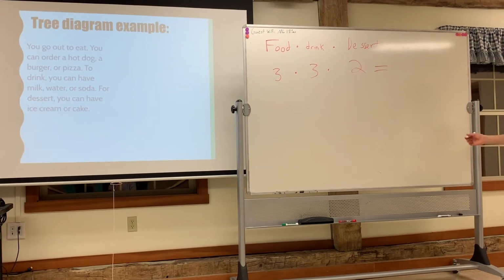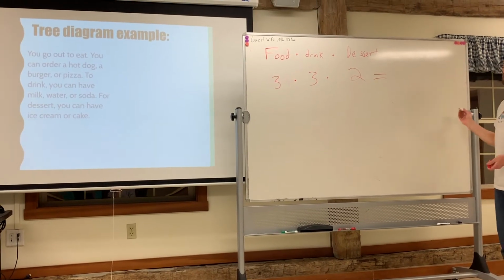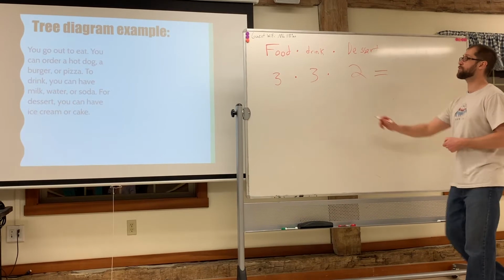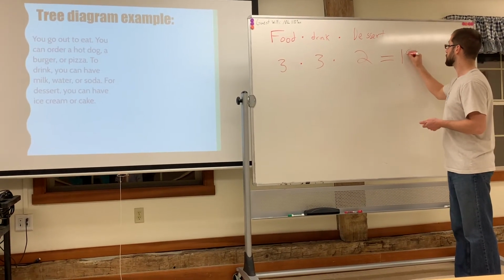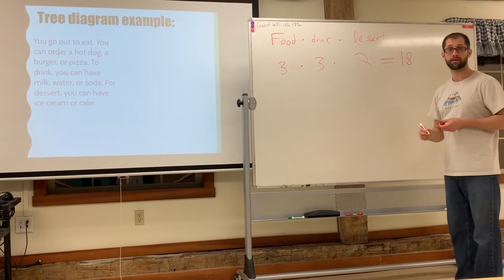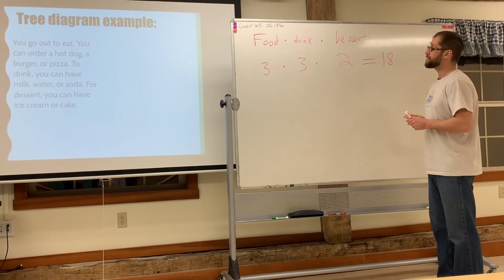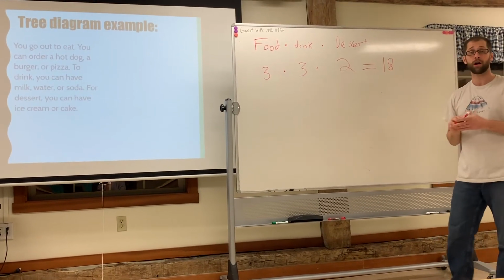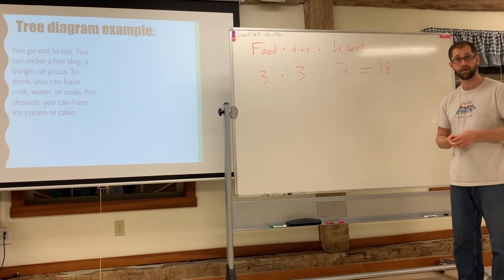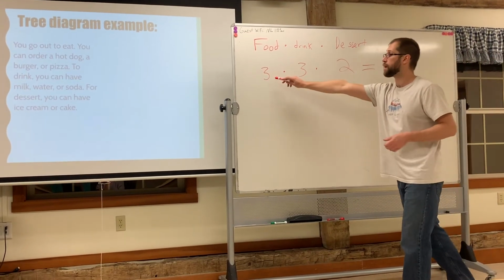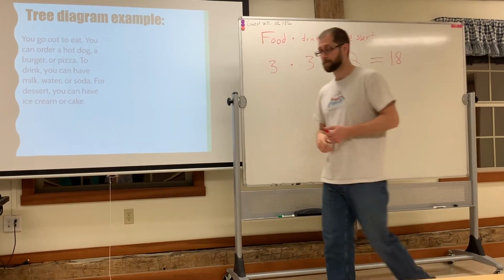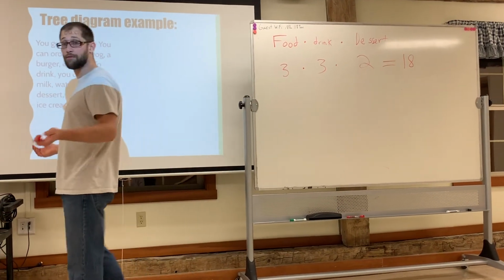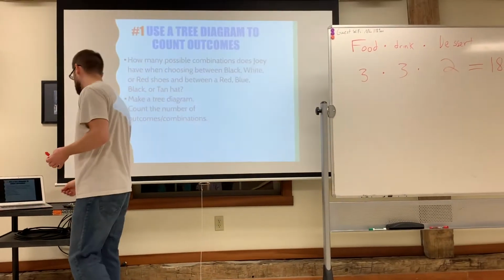Well, when we did the tree, we saw there were 18 outcomes. 3 times 3 is 9. 9 times 2 is 18. So instead of actually having to make our tree diagram, we can just multiply the number of outcomes by each other. We can, if we want to, make a tree for each of these.